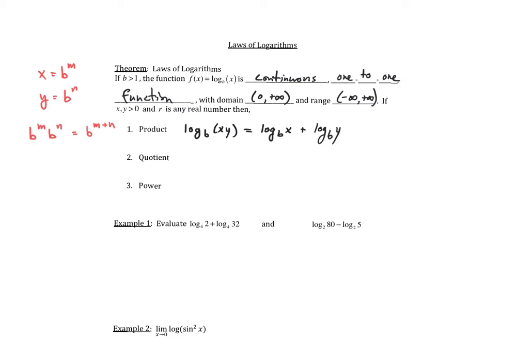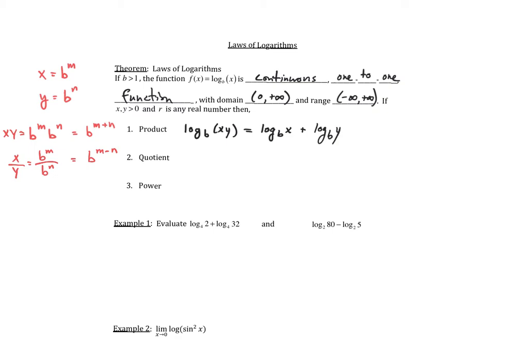All right. Let's take a look at the second law. The second law involves the quotient. So remember, if you had b to the m divided by b to the n, that's going to be equal to b to the m minus n, like that. And this is really x divided by y. And the previous one was x times y, right?